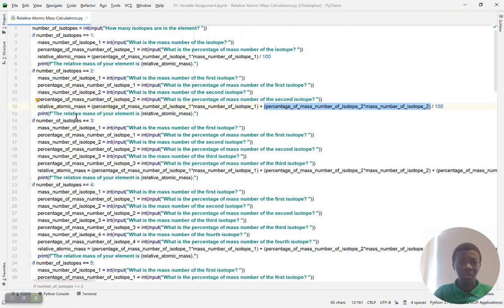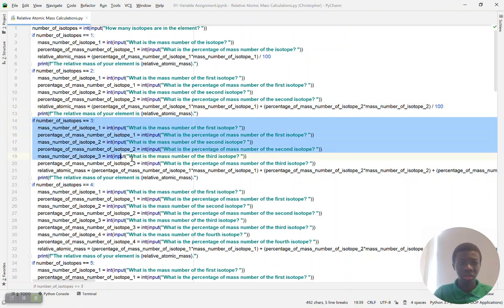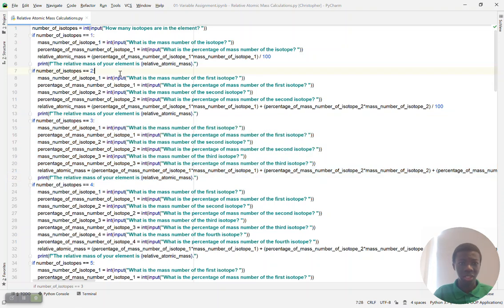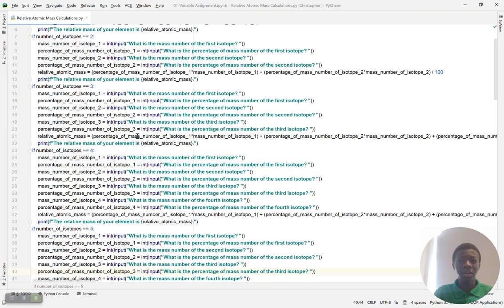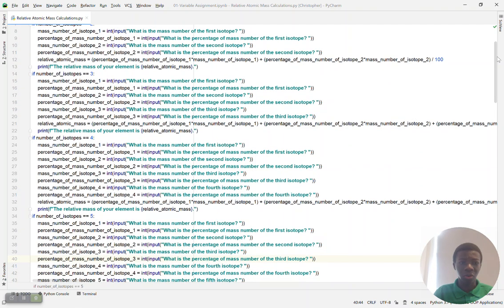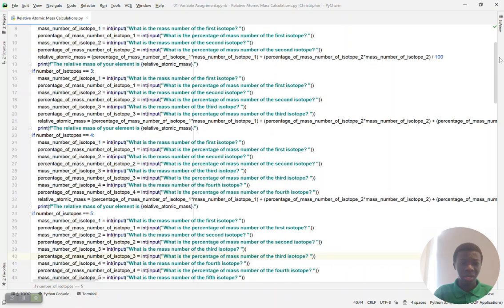Then it will give you the relative atomic mass of the element to be this. So technically, all of these are the same thing as the first two, except they've expanded themselves to 2, 3, 4, up to the maximum amount of isotopes you can do for relative atomic mass.